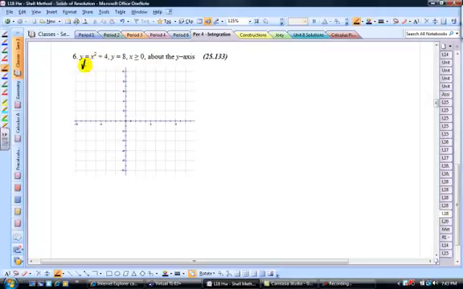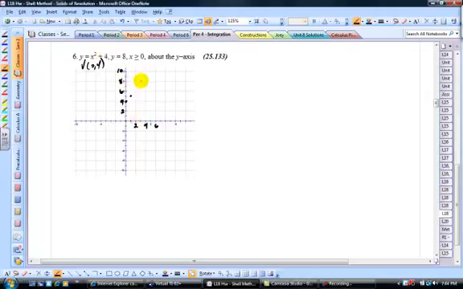I'm not going to change the scale here, because I noticed that this parabola has a vertex at (0, 4). I need some room to graph this thing. When x is 1, you get y equals 5. And when x equals 2, 2 squared is 4, 4 plus 4 is 8.